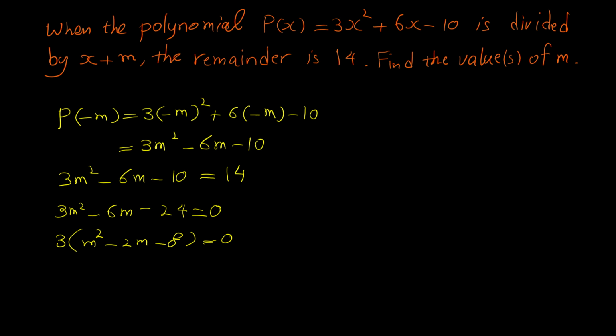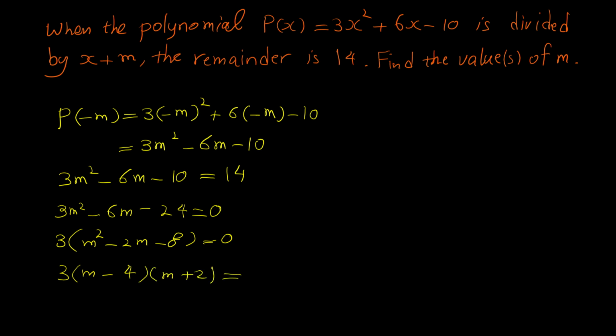Now look at the bracket m to the 2 minus 2m minus 8. We are looking for two numbers whose product is negative 8 and whose sum is negative 2. Those numbers are negative 4 and plus 2.